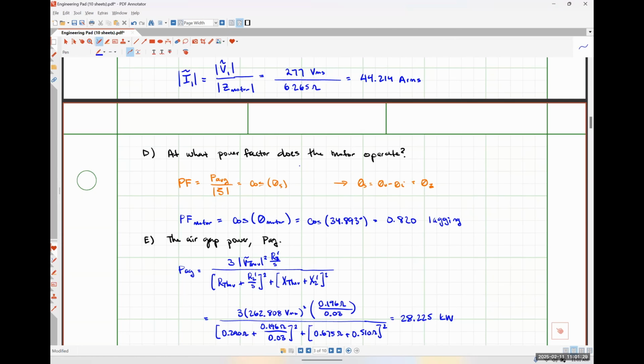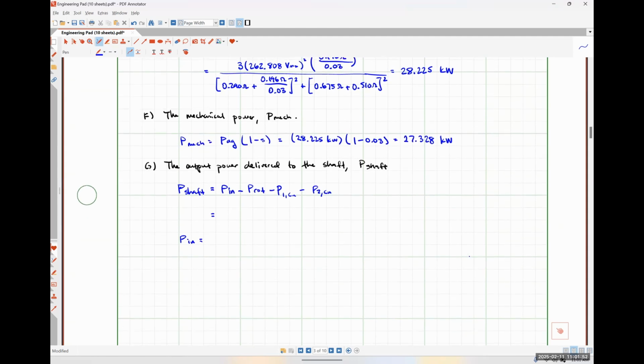So those are complex powers. That is complex. I want the magnitude. So apparent power is just the magnitude of the voltage times the magnitude of the current, and we already know both of those things. So what was suggested isn't wrong, but it's actually a more difficult calculation than what we already have available to us.